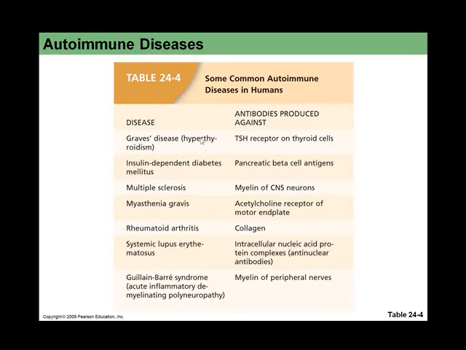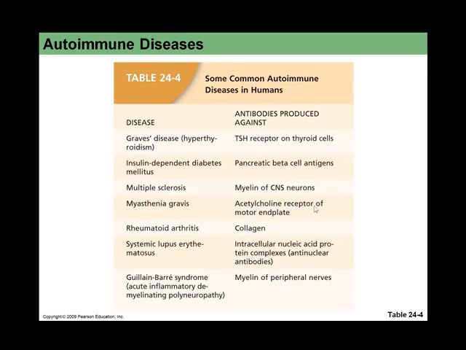We've discussed Graves' disease, hyperthyroidism, where the TSH receptor is the target of the antibodies, and when the antibody binds the receptors on the thyroid cells, it acts just like TSH and stimulates the thyroid gland. In insulin-dependent diabetes mellitus, IDDM, or type 1 diabetes, the pancreatic beta cell antigens are the target of the antibodies. With MS, the myelin of the CNS neurons is the target.